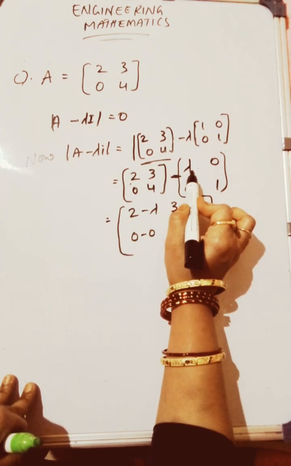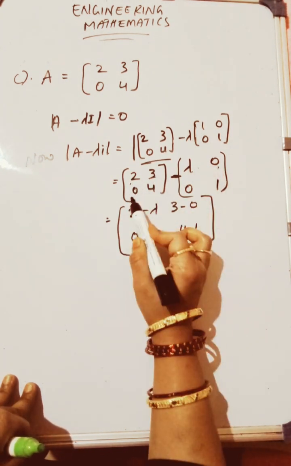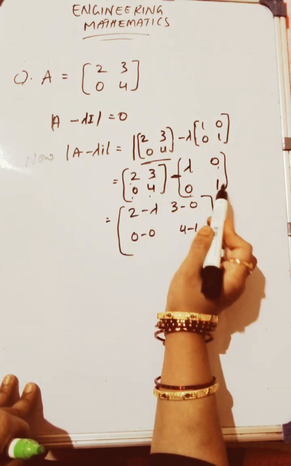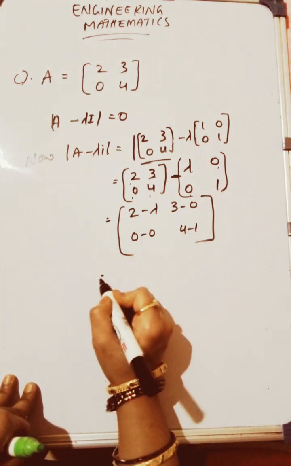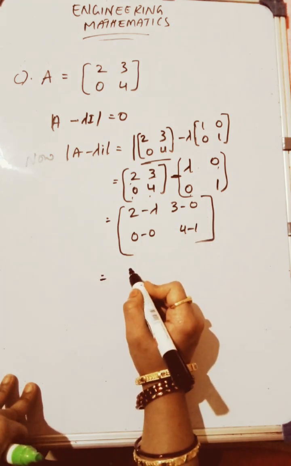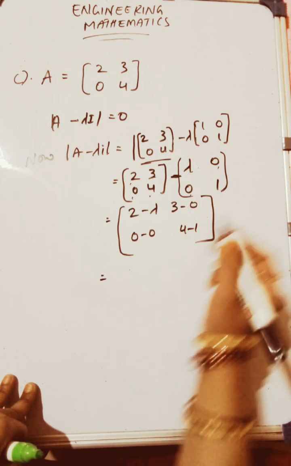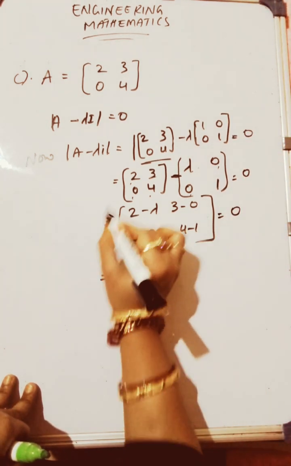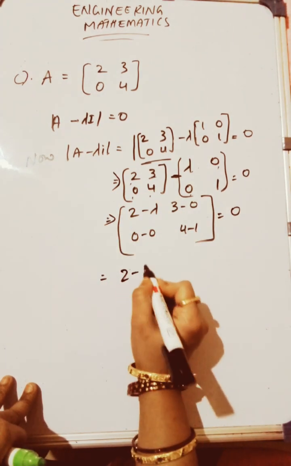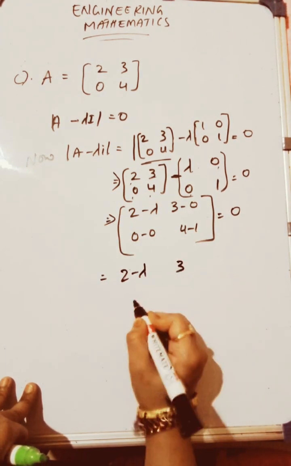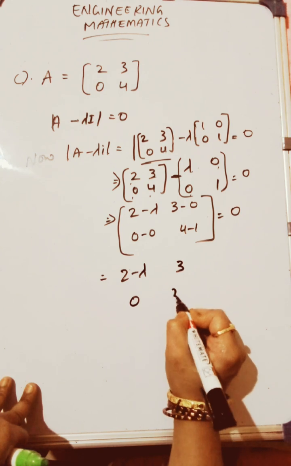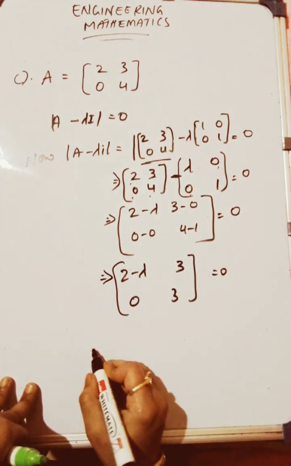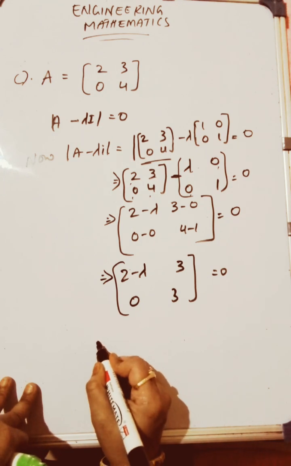First row first element with this one, second row second element with the second row second element, and so on. Like this we have to subtract. 2 minus lambda, 3, 0, 4 minus lambda, the determinant is equal to 0. We have to find the lambda value, isn't it?